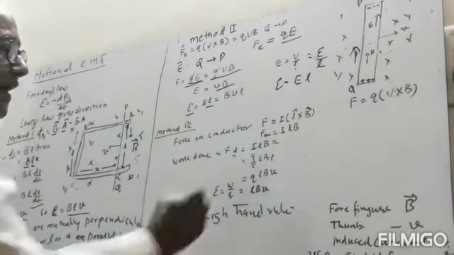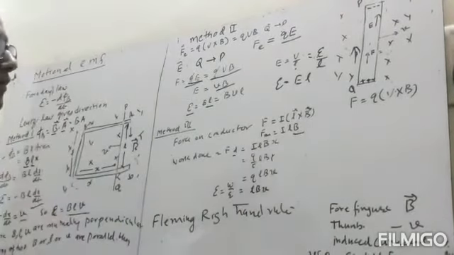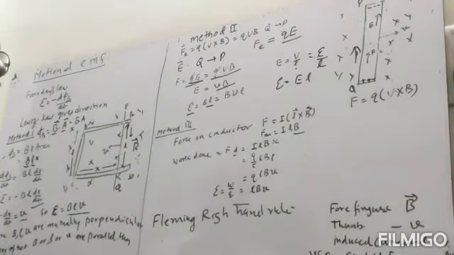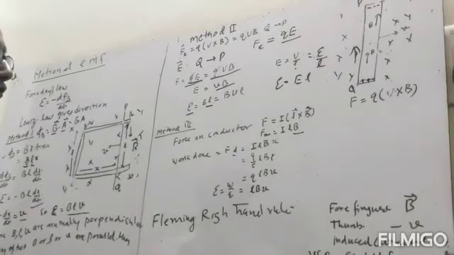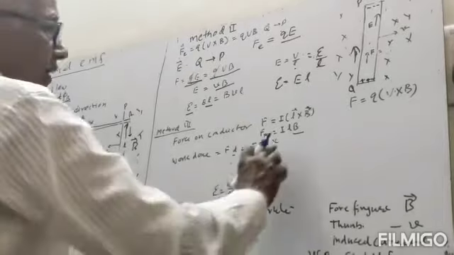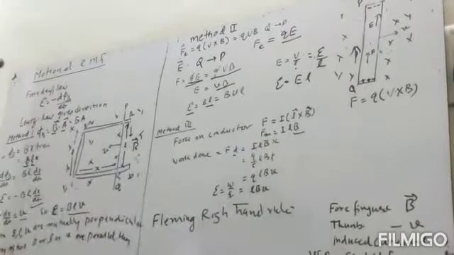Now L and B are perpendicular, so it will be equal to ILB sin 90. So this force will be equal to I into L into B.